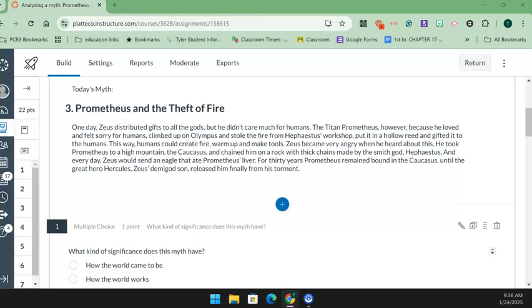And then every night, it would grow back again. For 30 years, Prometheus remained bound in the Caucasus until the great hero Hercules, Zeus's demigod son, finally released him from his torment. So that's our myth, or that's our story.